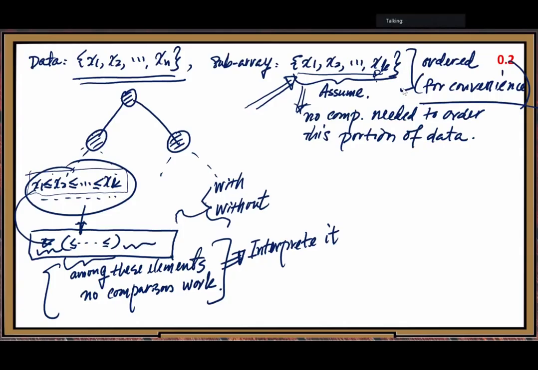First, let's look at the without case. Without this partial ordered subarray, the total number of leaves, we know leaves means the sorting results, equals n factorial.